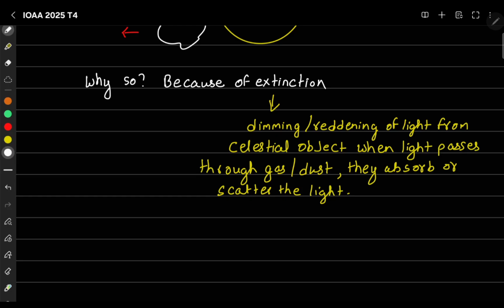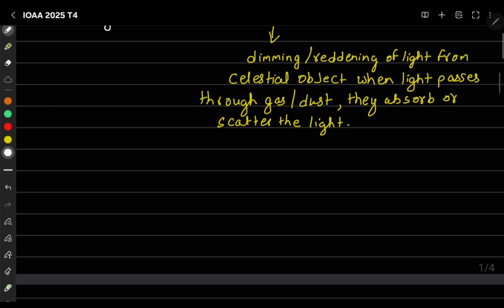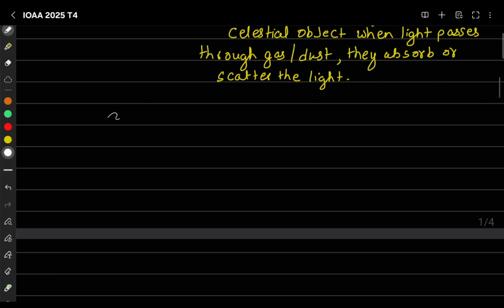Because of the extinction, we observe different light. I can write extinction, denoted by A, as m observed minus m intrinsic.